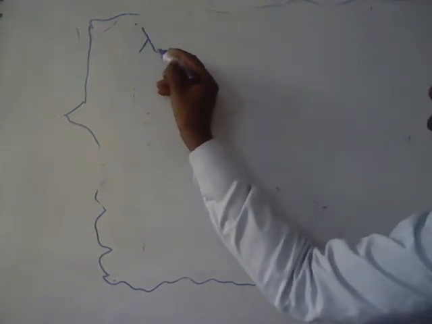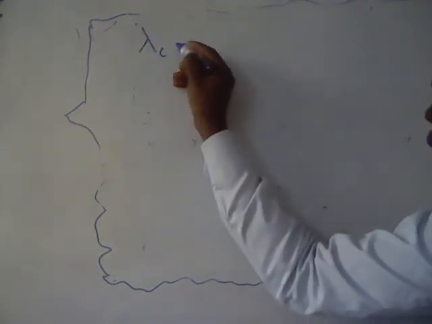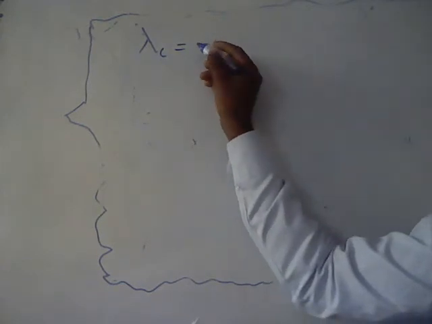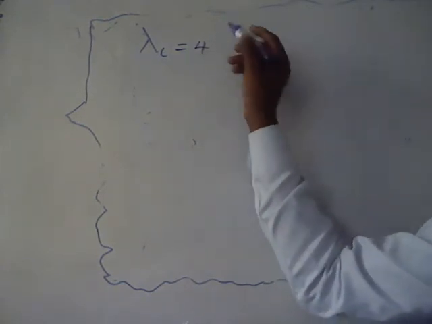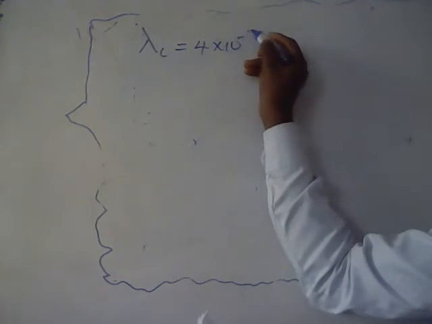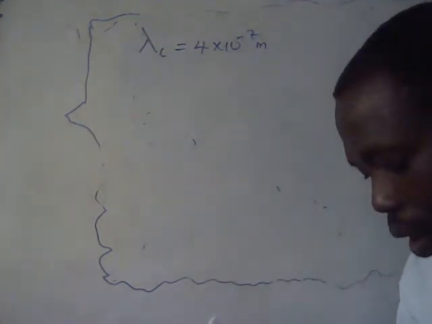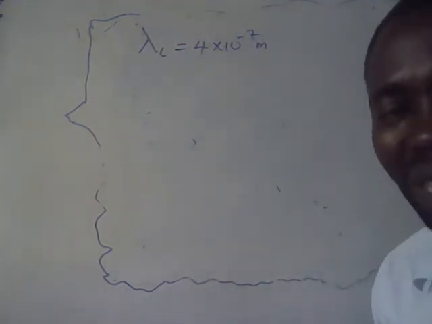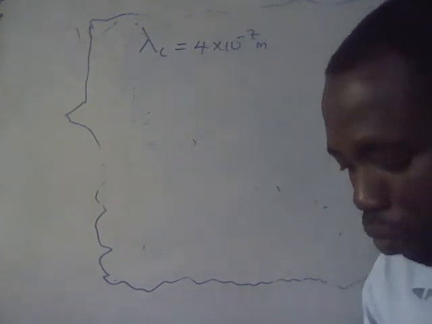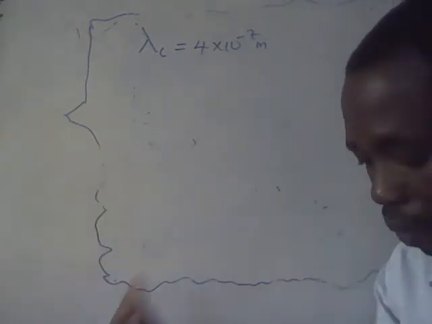That is the wavelength of the incident light. Let's say lambda subscript L, wavelength of the light is 4.0 times 10 raised to power minus 7 meters. That is the wavelength of the light that is coming from the sun.